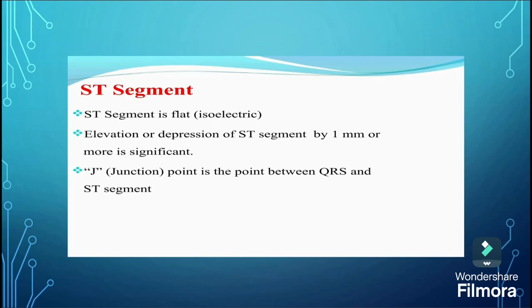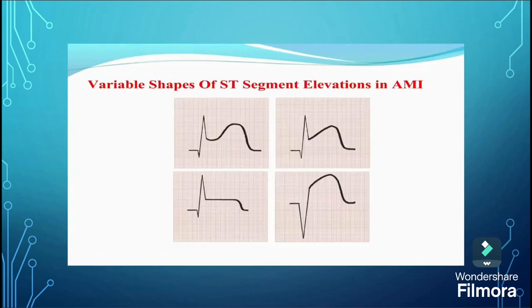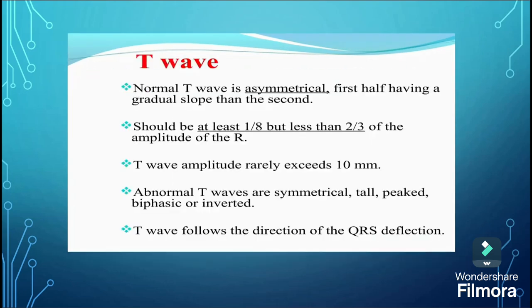It is a point between QRS complex and ST segment. So you can see the variable shapes of ST segment elevation in acute MI. So you can see this is ST elevation, this is ST elevation in AMI, acute myocardial infarction.